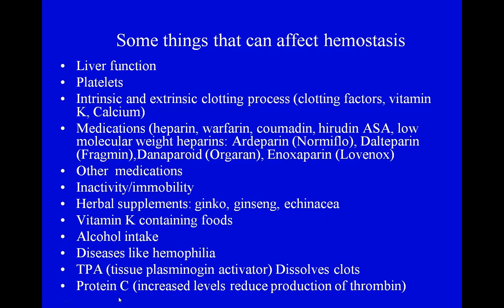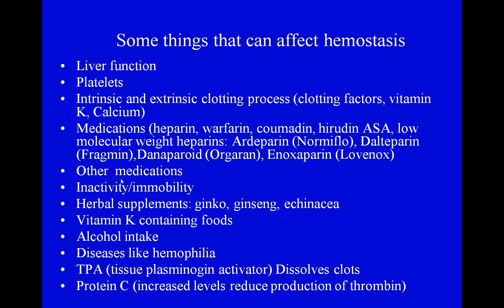Okay, protein C. There's a thing called activated protein C. It decreases production of thrombin, and it makes it more likely for you to bleed. Activated protein C is a type of medication that we would give to patients who are critically ill with sepsis, an infection in their bloodstream.